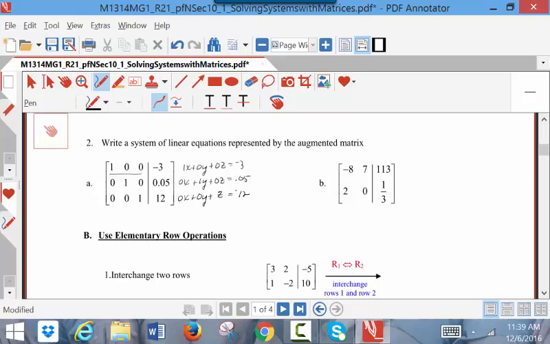So if your matrix is set up like this one, where the diagonal is all 1s and all the others around it are 0, then this would be your equations, which ultimately would be just x being negative 3, y being 0.05, and z being 12, which is actually the solutions, because those are the values of each variable.